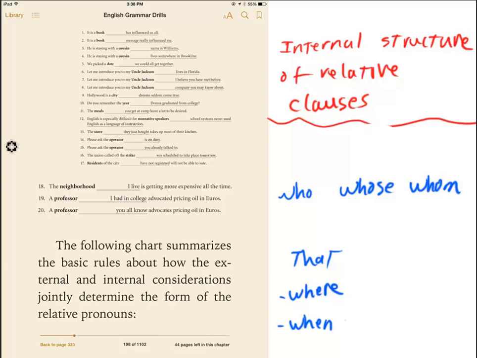So let's take a look at this. These are a little small, so we're going to have to look closely. Actually, I'll make it a little bit bigger for us.